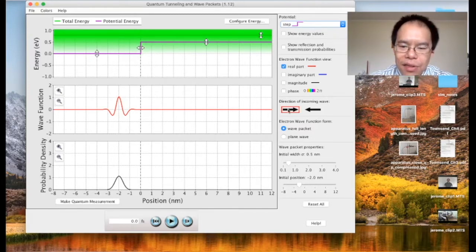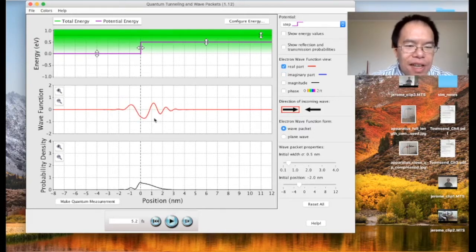By default, it's going to send in a wave packet incident from the left. As usual, we're plotting the wave function here, the real part. I could also turn on the imaginary part if I wanted, and we have the probability density down here. So with these defaults, let's just see what happens if I click play.